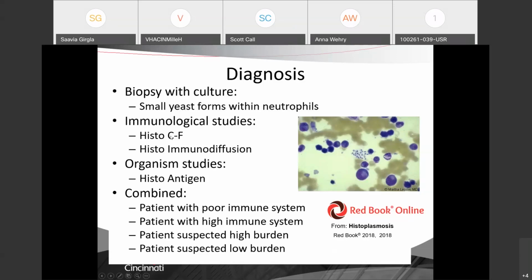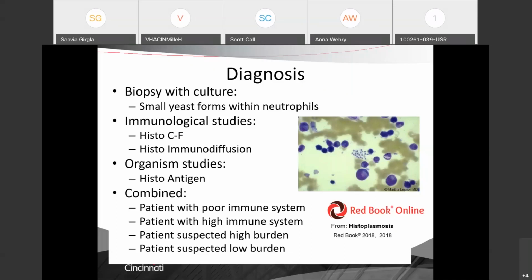Complement fixation is a little bit more sensitive than immunodiffusion, which is why we recommend doing a histo complement fixation. The next thing you get asked is where you expect that fungal burden. Patients with suspected high burden, let's say in the lung, if you've got a bronch specimen of that area, it's going to be high.